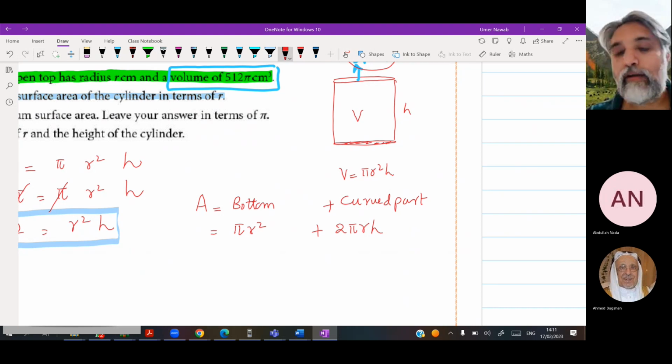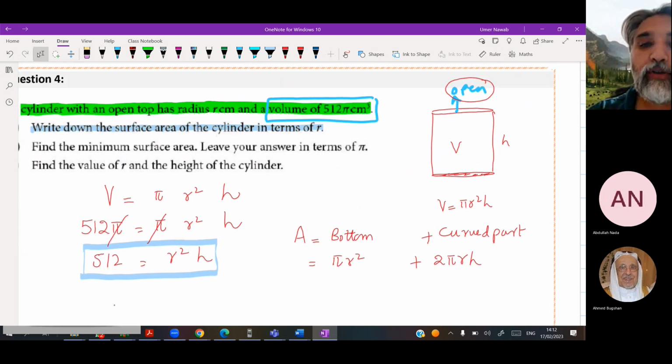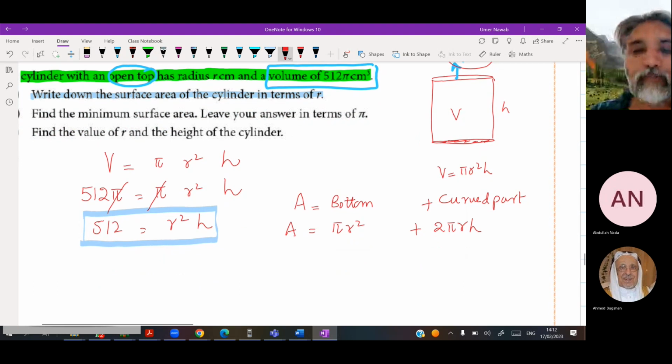This is not given in MF19. But be careful, the examiner used open top. When he says open top, we cannot take the top. So only pi r squared plus 2 pi r h, and that is equal to the area.